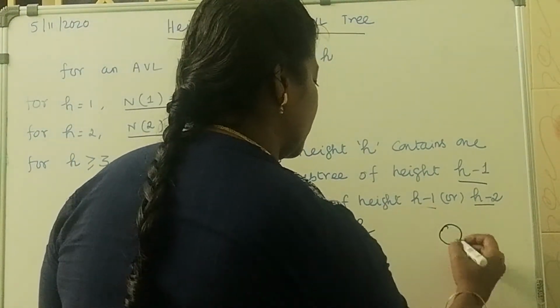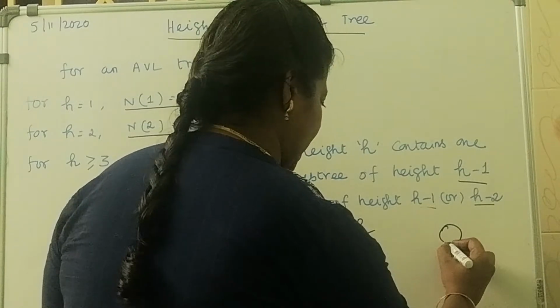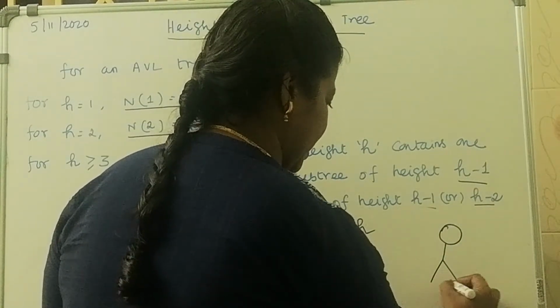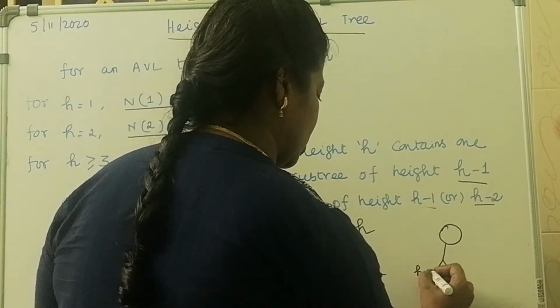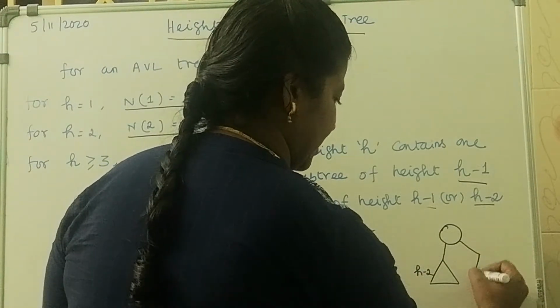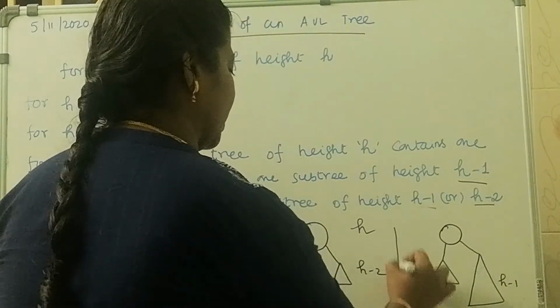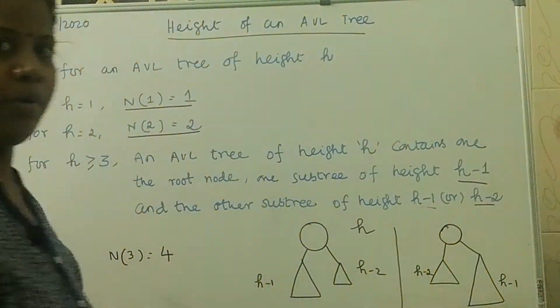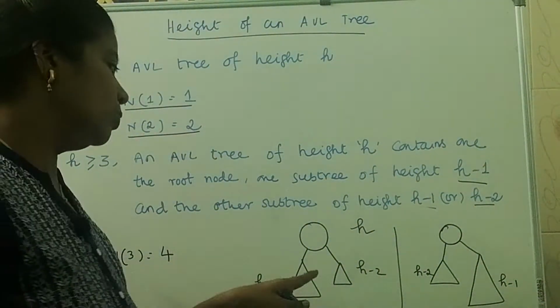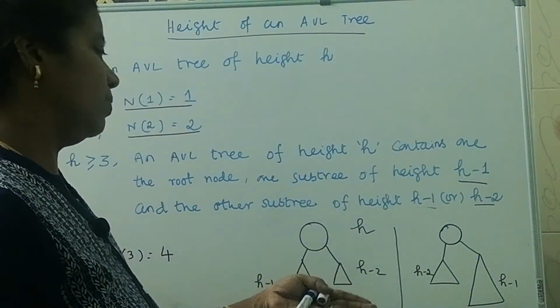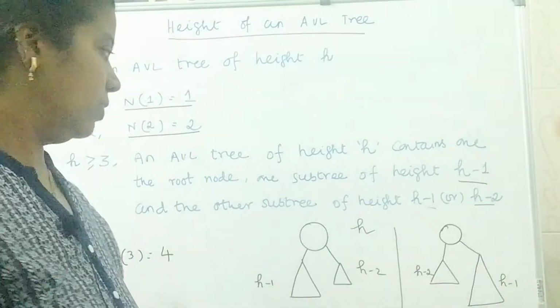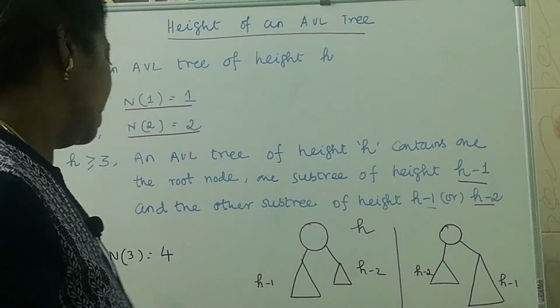Of height h, it should have a root node, and in the left subtree it can have h minus 2, and in the right subtree it can have h minus 1. Okay, any of these are the possible AVL trees whose number of nodes is minimum.